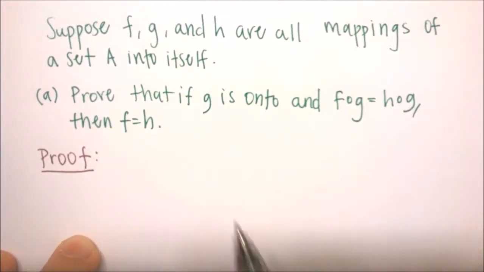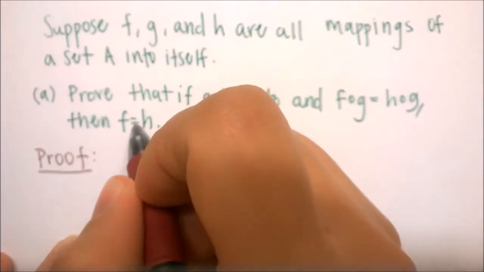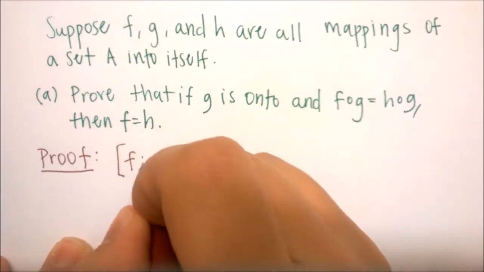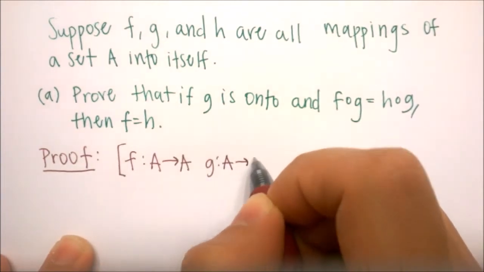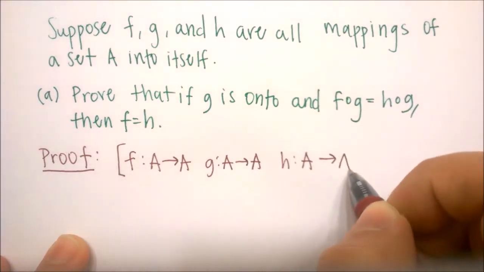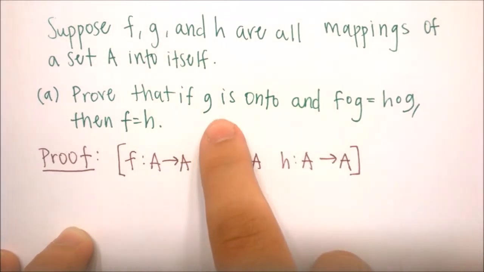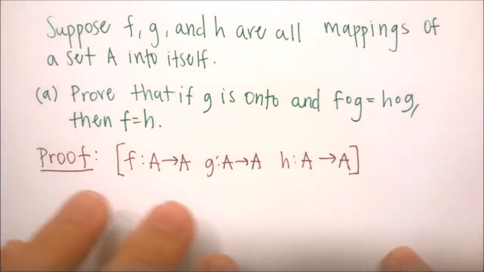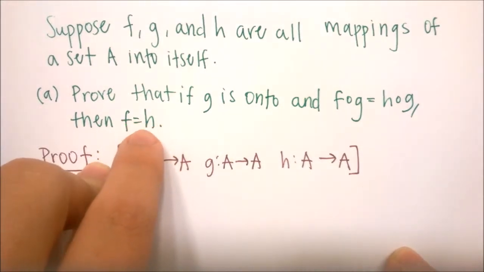So we were given that F, G, and H are mappings of A into itself, meaning that F goes from A to A, G goes from A to A, and H goes from A to A. And also we're given that G is onto and that F composed with G equals H composed with G. So those are the things that we're going to want to assume and write. And then we're going to want to prove that F equals H given these things.